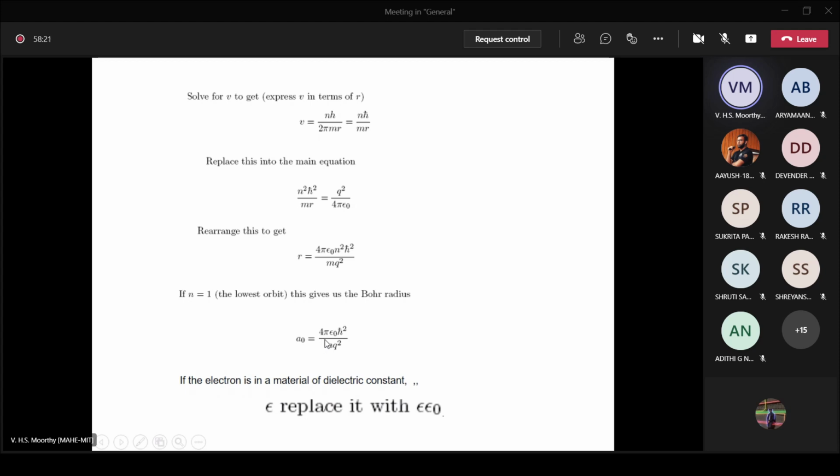As you may be aware, in the first energy level only one sublevel will be there, which is called S, spherical. In the second energy level, S and P. In the third main energy level, S, P and D. In the fourth energy level, S, P, D, F. I hope all of you are aware of these things.